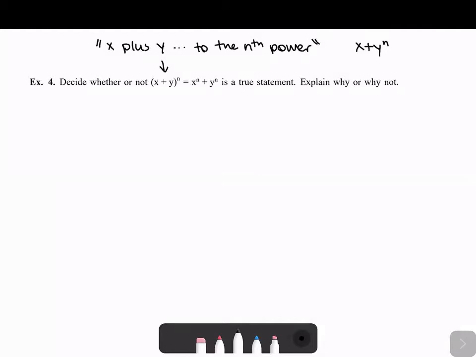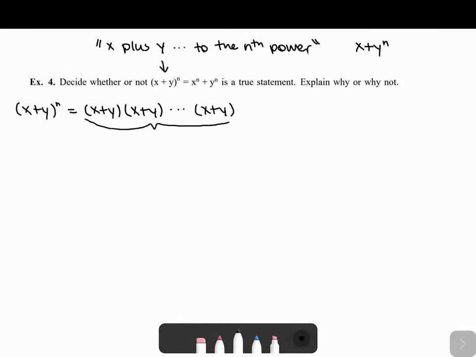Let's think about this using our basic properties and rules. What does (x+y)^n really mean? Well, this is multiplying together n copies of x plus y, right?